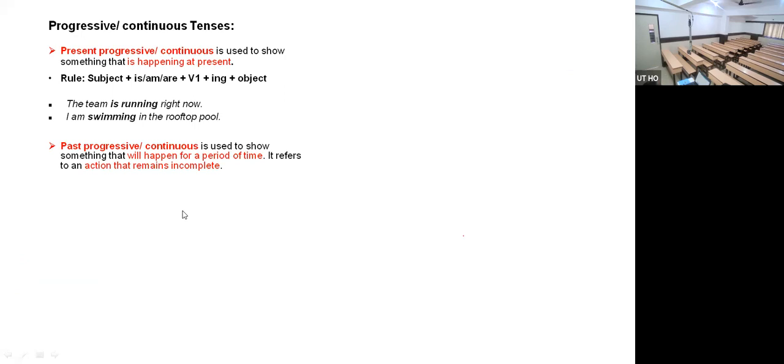So the team is running right now. We are talking about the present continuous tense. I am swimming. Now, if you're talking about the past, a past progressive means something that started in the past and is continuing till the present.